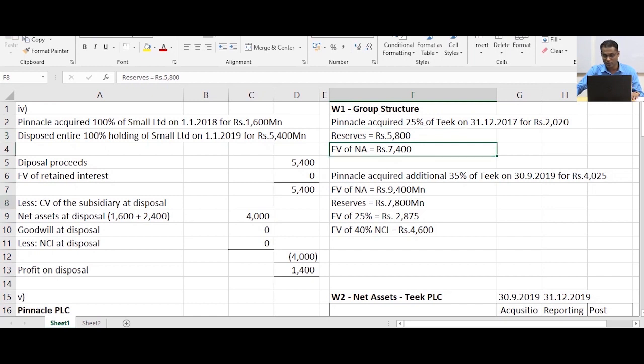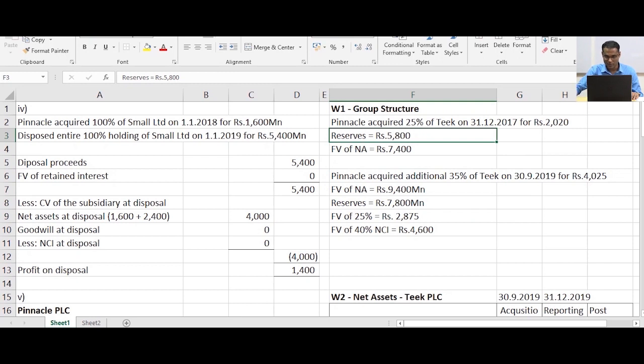The reserve as at 30th September 2019 is 7,800, so the increase from 5,800 to 7,800 is 2,000. Out of that, 25% you need to include in the investment in associate value.